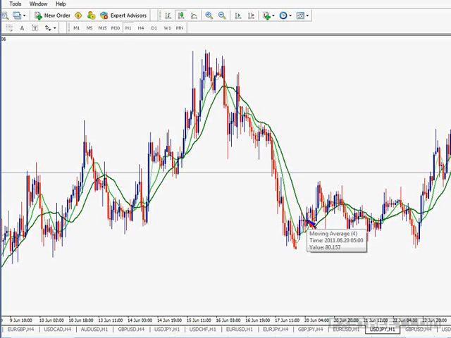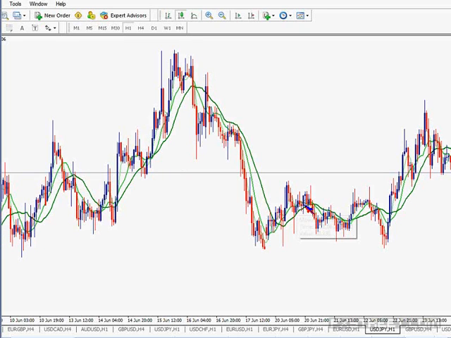Right? In general, when we talk about moving average crosses, what would you consider a good cross or golden cross? Well, be sure that moving averages that are mostly flat and cutting each other are not the best ones.